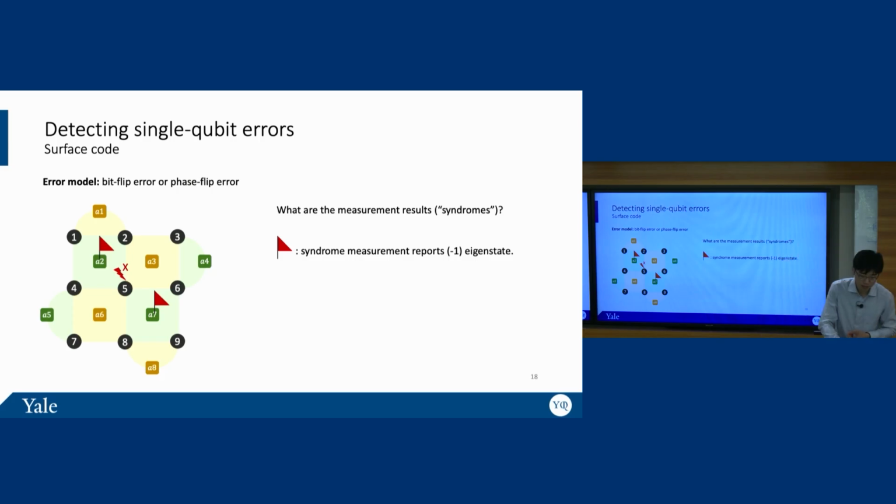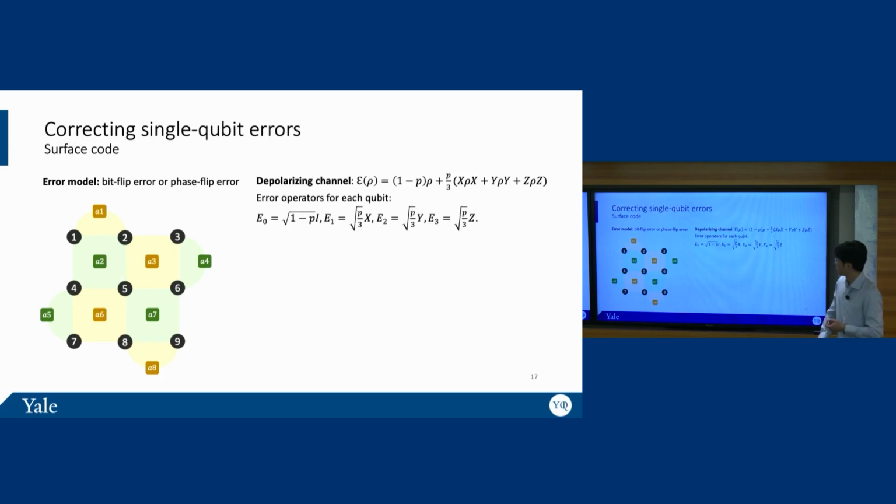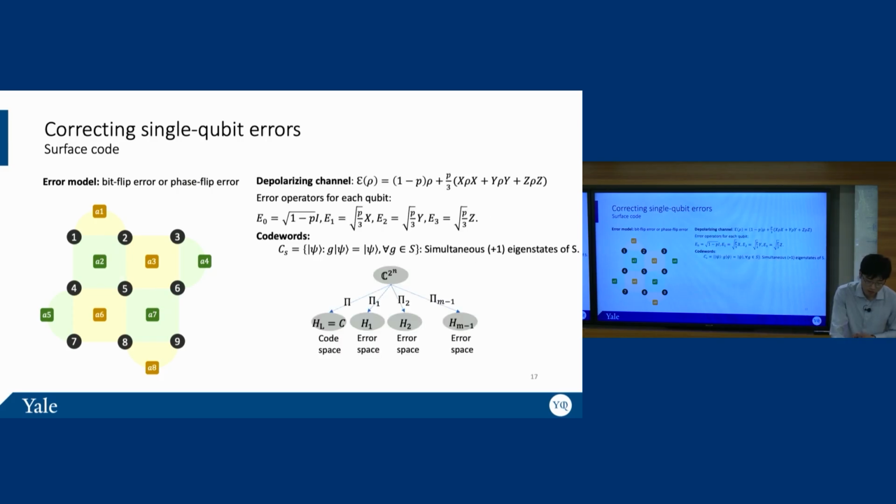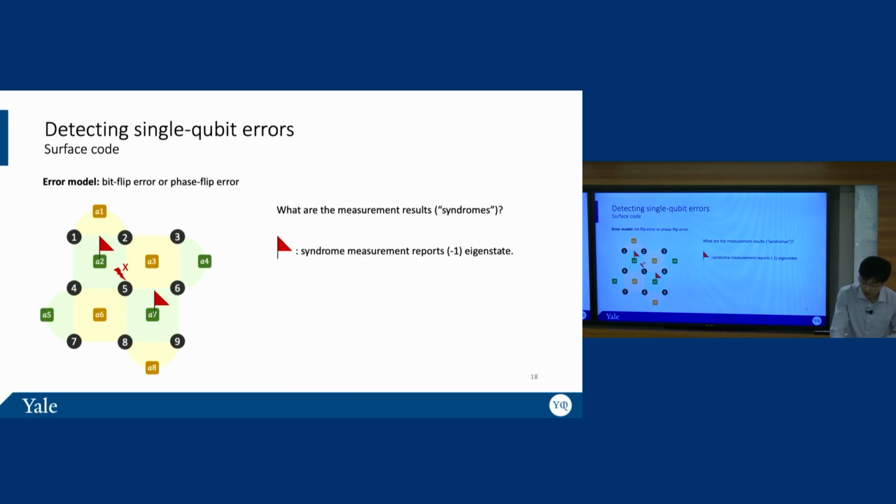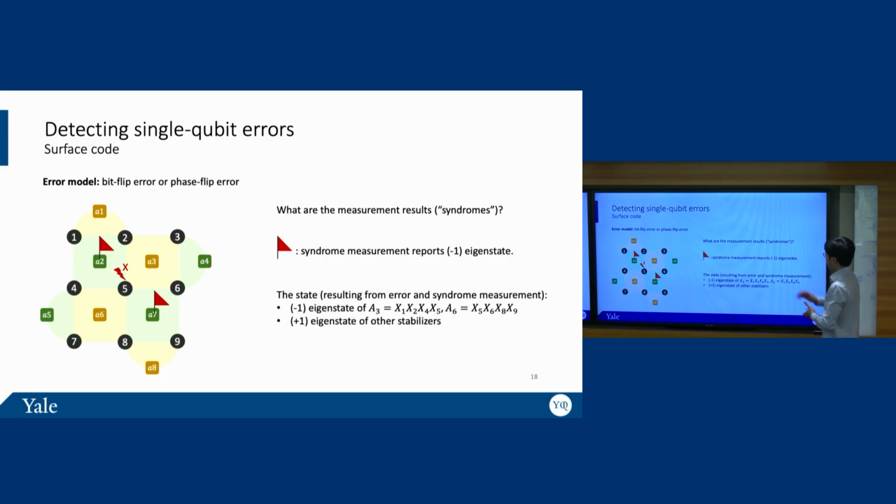In the picture that I had from previous slides, essentially you have an X error on qubit 5 that maps you from the code space to one of the error spaces that is -1 eigenstate to some of the stabilizers. Okay, and therefore you have two checks that raise the flags. Okay, so that's what I was trying to say.